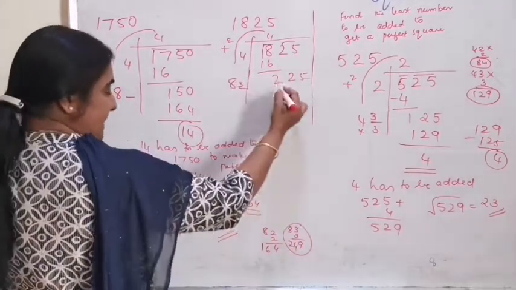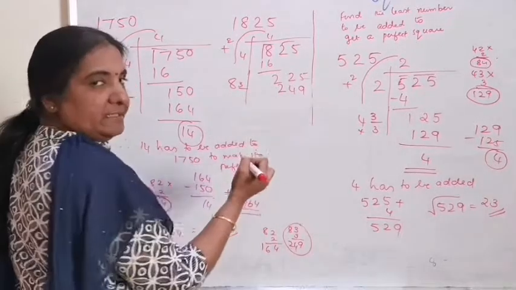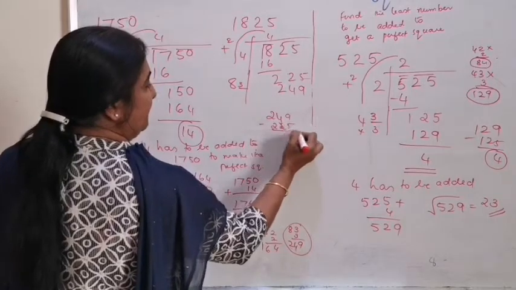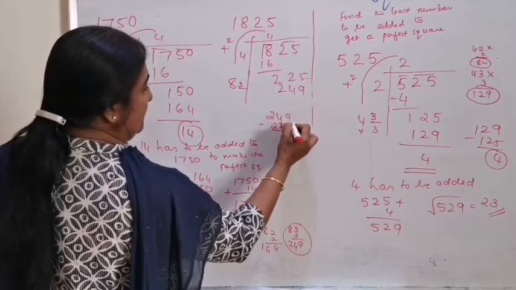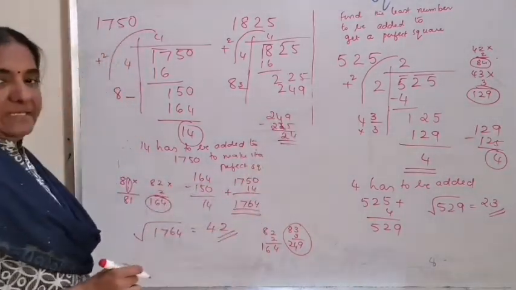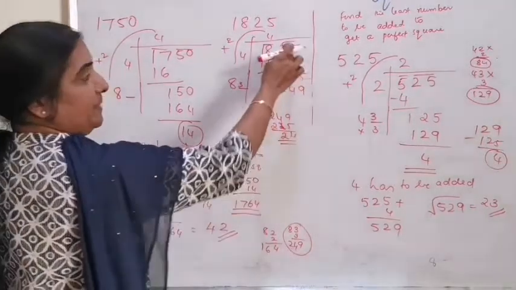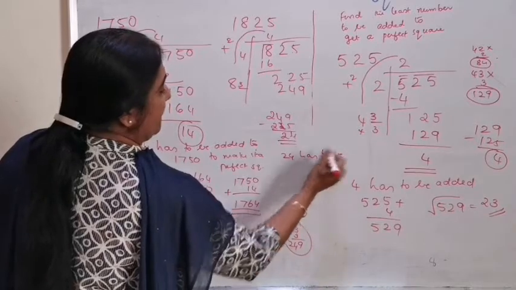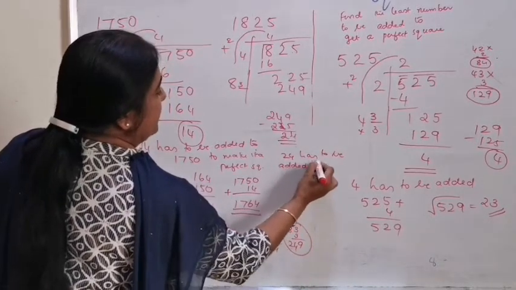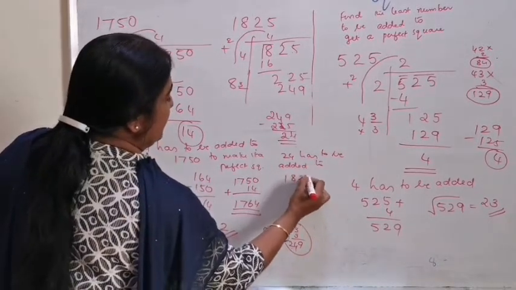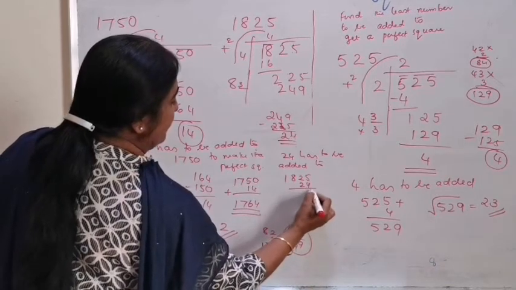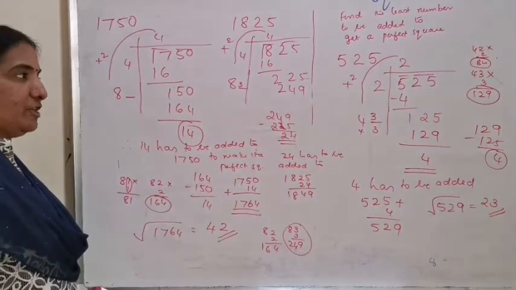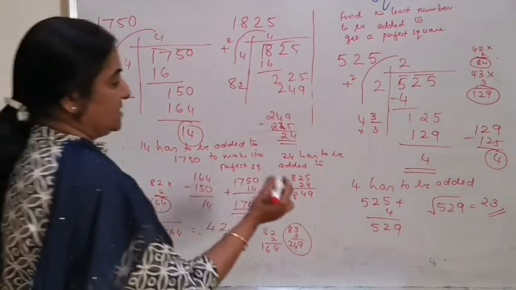So you can take it as 249. The subtraction is 249 minus 225. That is 24 has to be added to 1825. 1849. Let's see what the square root is.